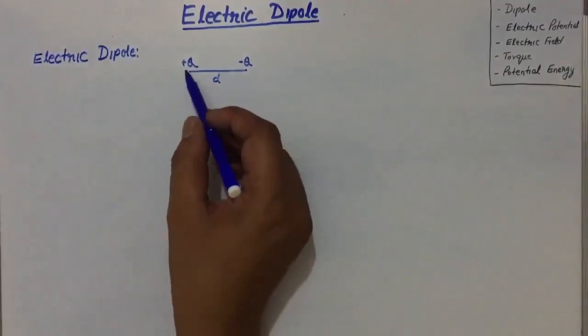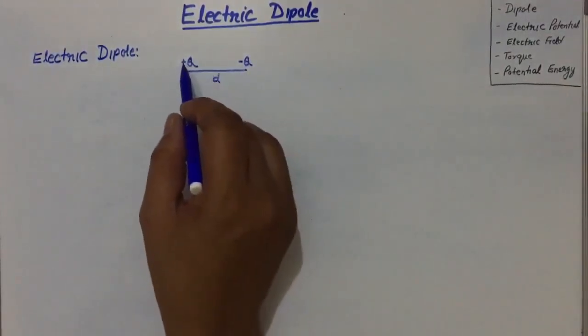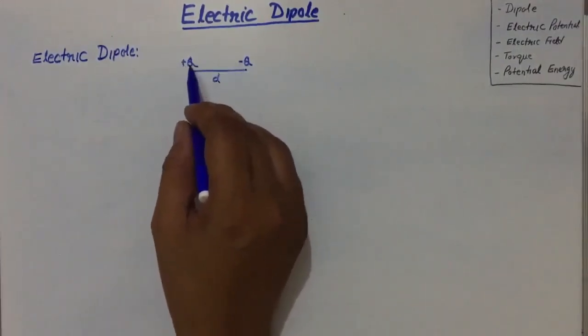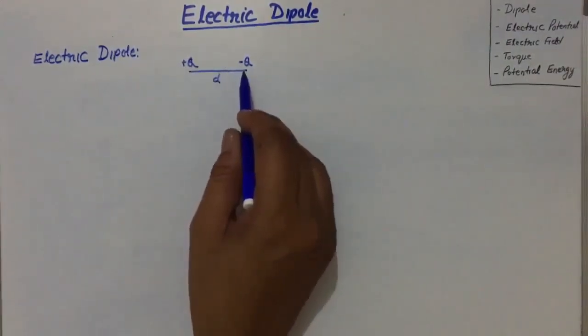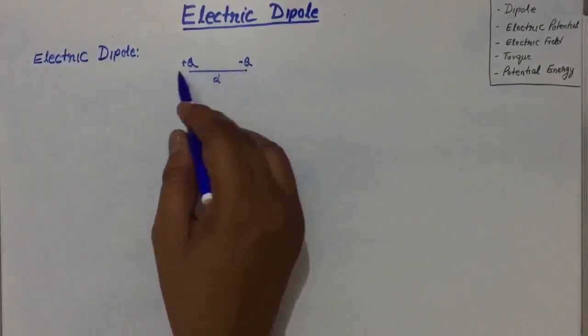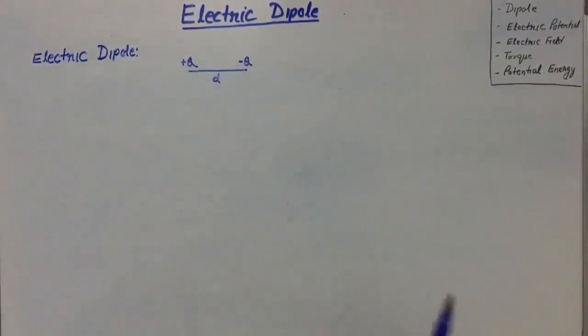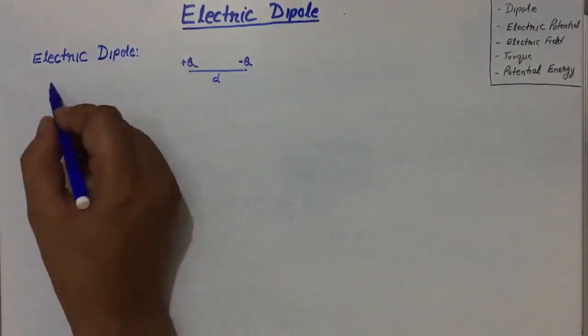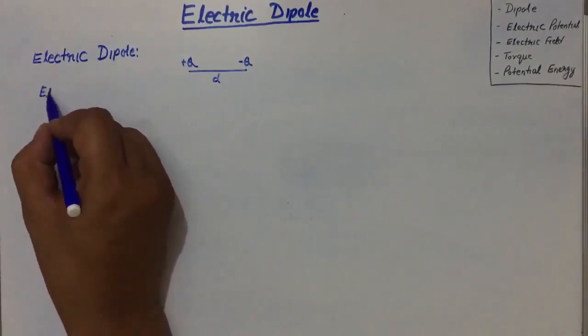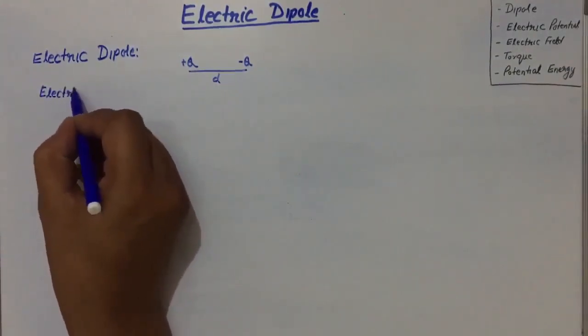The condition is that these two charges are equal and of opposite sign with a small separation, and the charges are bound charges. After the definition, the term that is given for them is dipole moment. In the case of electric charges, it is termed as the electric dipole moment.